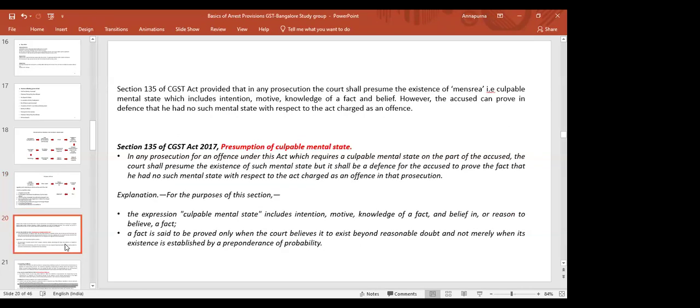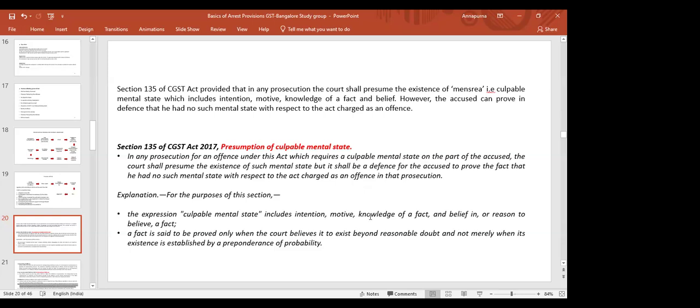Then I was also trying to read this 135 of this GST Act, which is a presumption of culpable mental state. It is actually always the revenue who has to prove that there is a culpable mental state. But in case of 135, it says that in case of any prosecution of any offense under this Act, the accused has to prove that there is no culpable mental state.